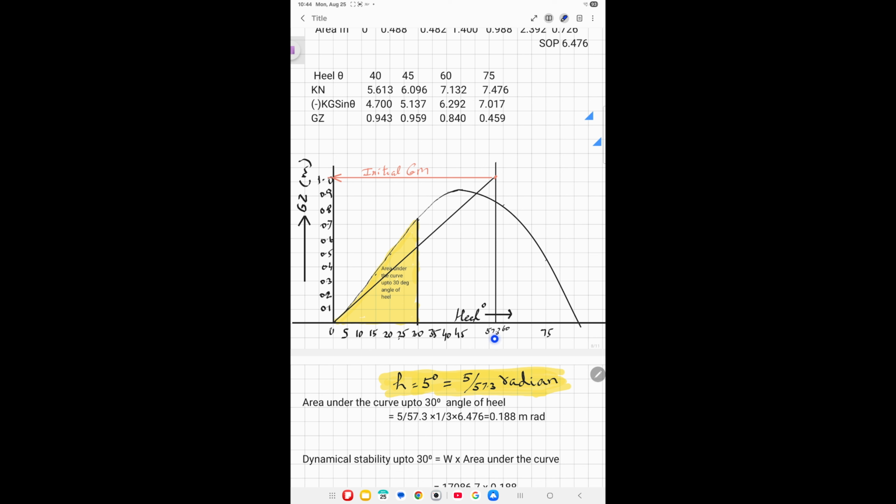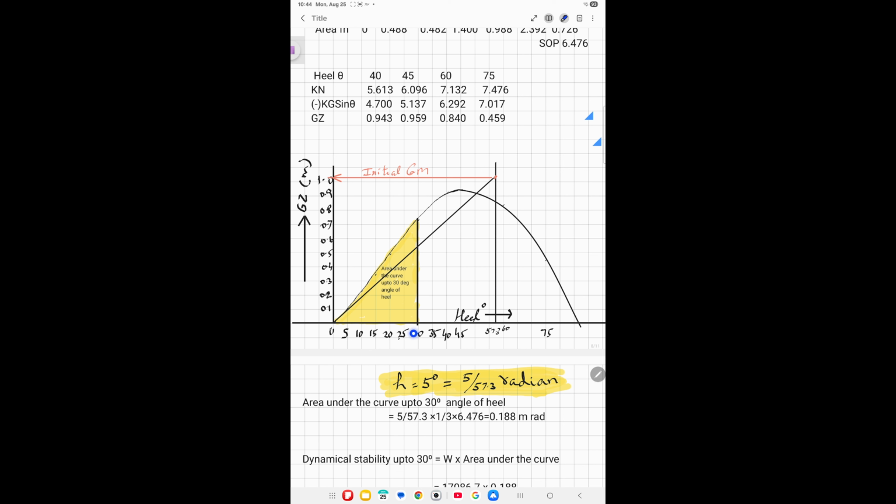And then we draw one vertical line at 57.3 degrees upward, another tangent to the curve from 0 degree, and you get this intersection point here. Go to the GZ scale and read the initial GM. And you see that it's coming about 1 meter, and it was almost the same on calculation.